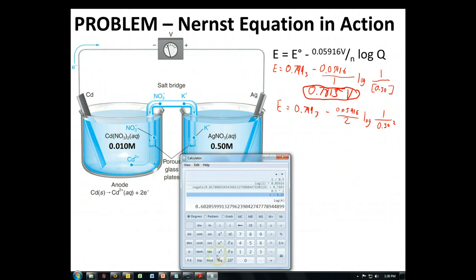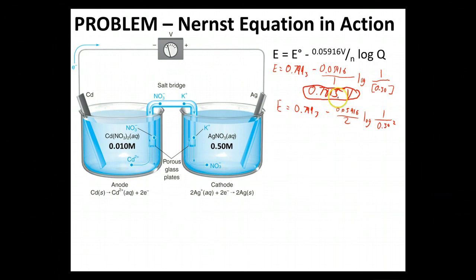Now let's go ahead and multiply that again by 0.05916 divided by 2. There's that same value we saw a moment ago. We're going to go ahead and put the negative sign back on that. We're going to add on my 0.7993, so plus 0.7993, and there's the exact same answer once again. So you can see that we get the same result either way. So don't let that spook you. Go ahead and just use your calculations.